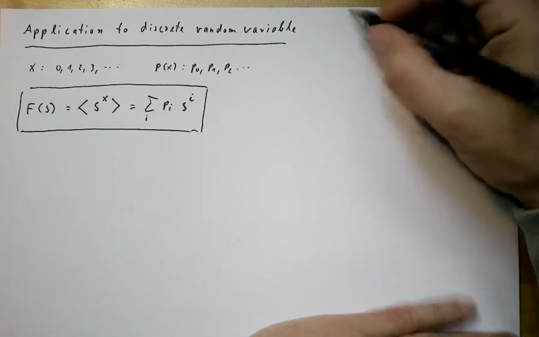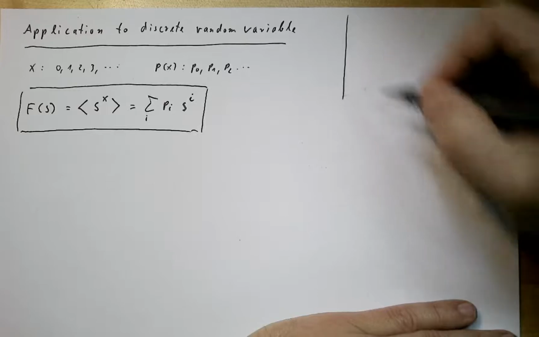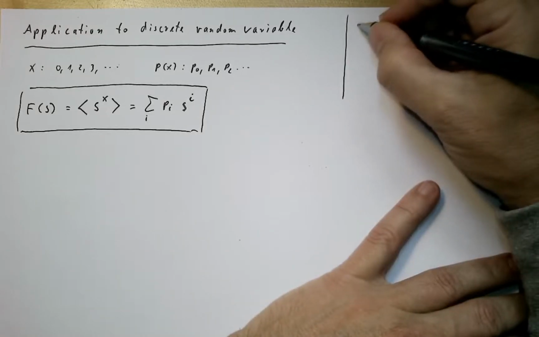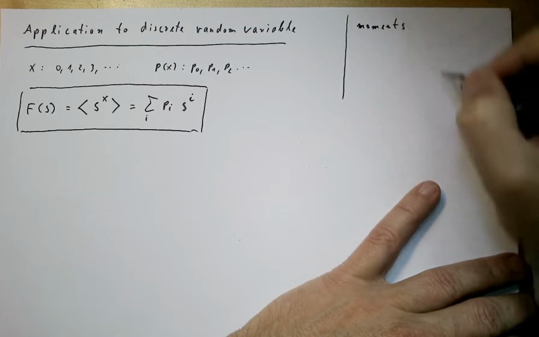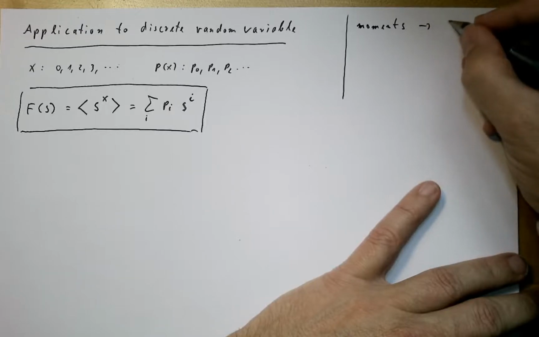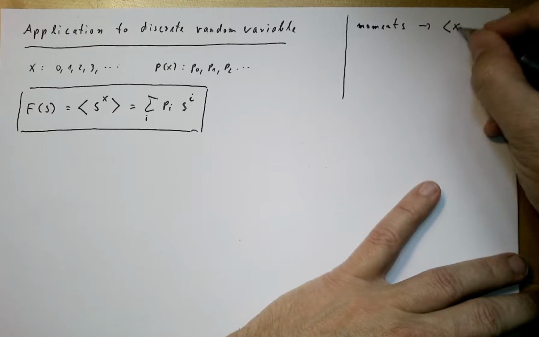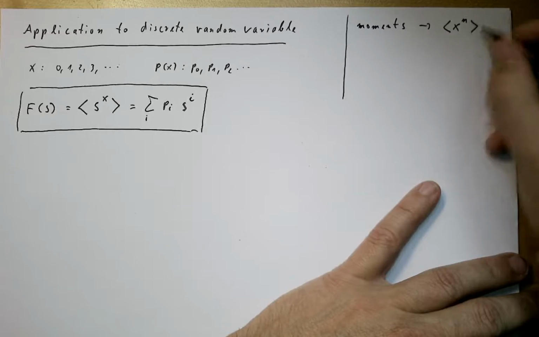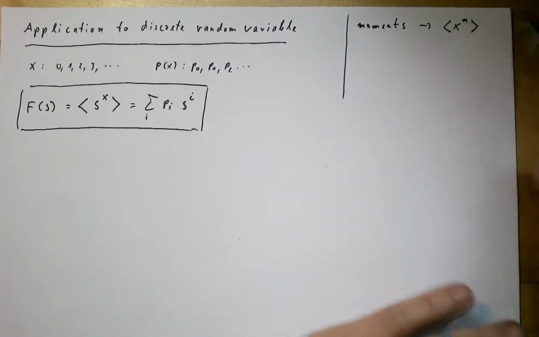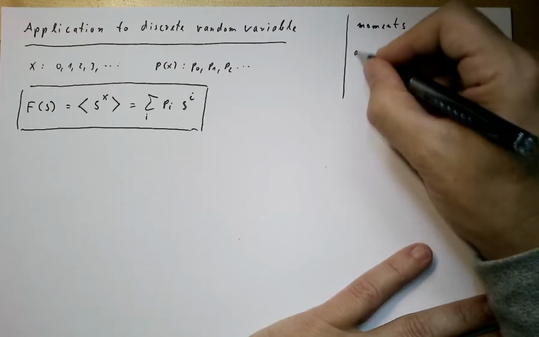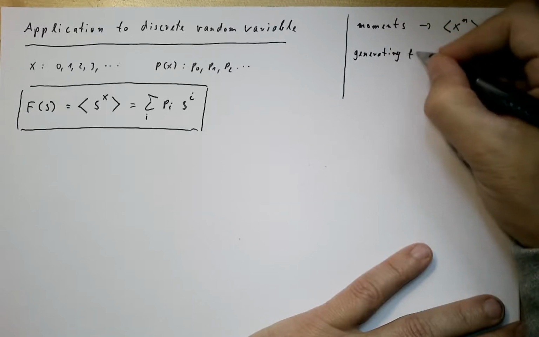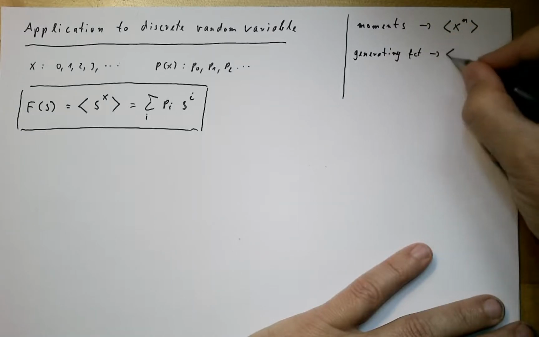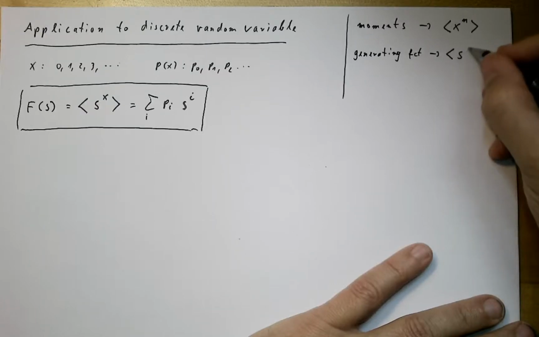And maybe as a side remark, when we calculated our moments, so far we used the moments to characterize a distribution, and for the moments we calculated the expectation value of our random variable to some powers n. And here n went over all kinds of numbers. And now for the generating function, what we do is calculate the expectation value of s to x.